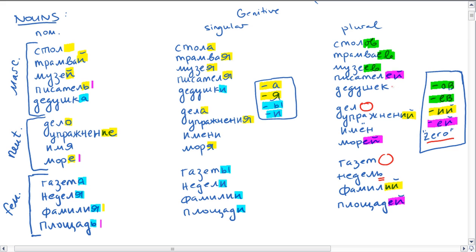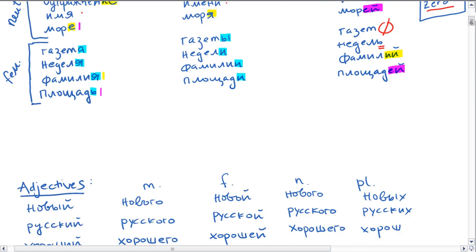Dedushka goes to dedushek, right? So these are all zero ending. And lots of times you'll have a vowel pop up in the middle of a cluster of consonants when you have a zero ending. And then imya is a little bit irregular, so I included it. And it's also the same as vremya. Time is also irregular like that.